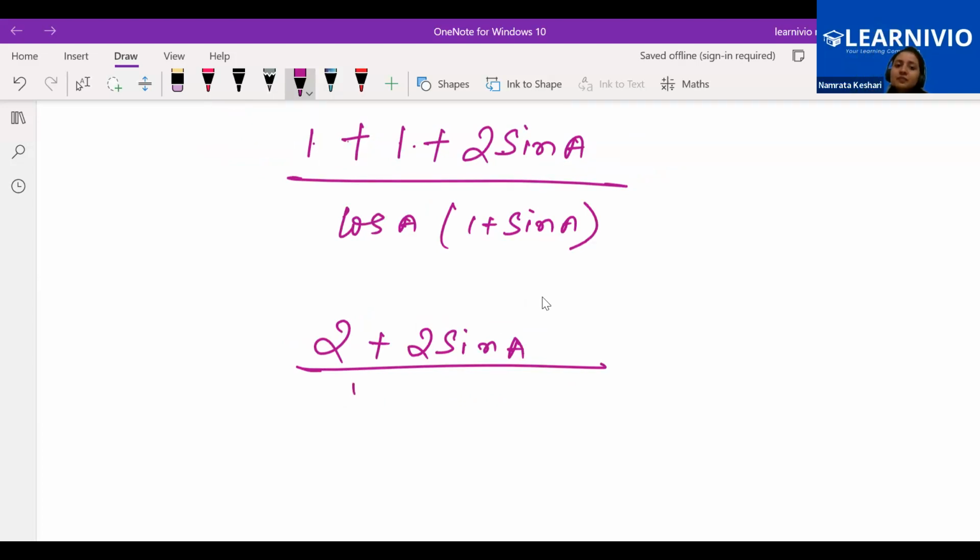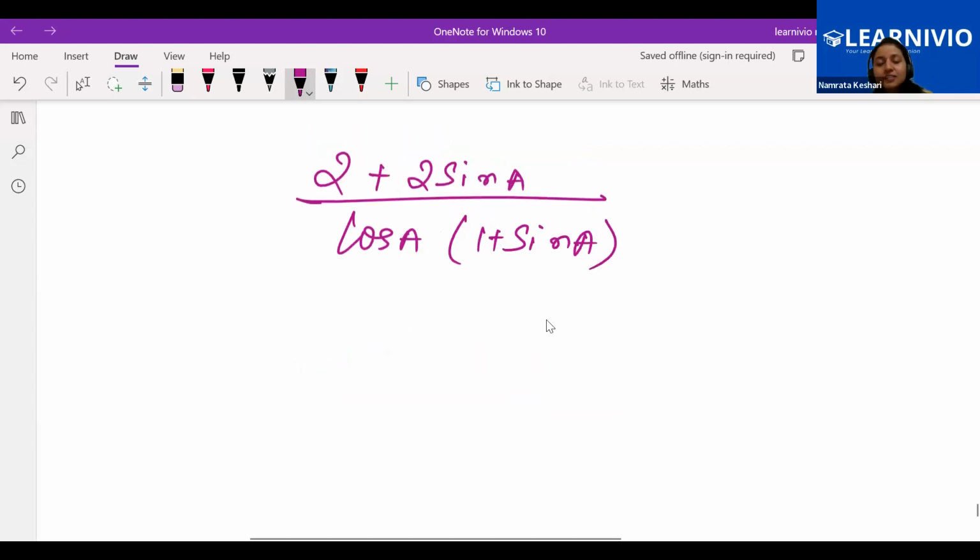In the denominator cos a is there, 1 plus sin a is there. Now one thing is coming to our mind, who will say just by looking at the numerator what to do? 2 and 2, can we take out common?